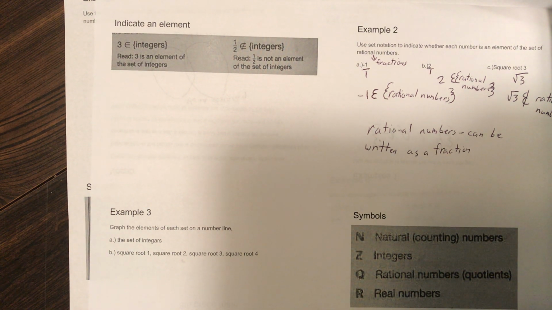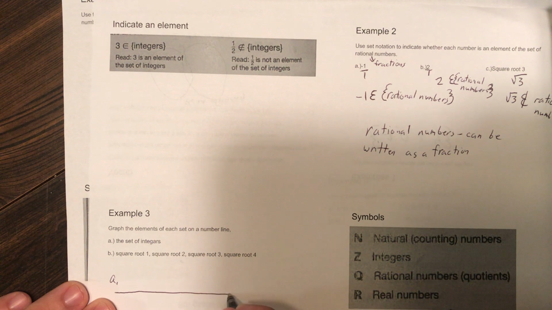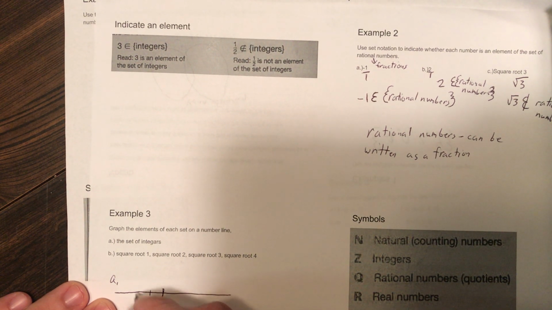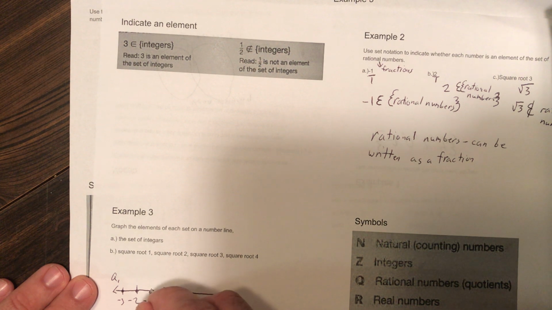Well, set of integers, and it can keep going on forever and ever. 0, -1, -2, -3. Those are all integers, your counting numbers.